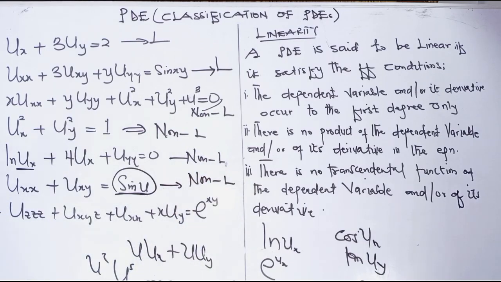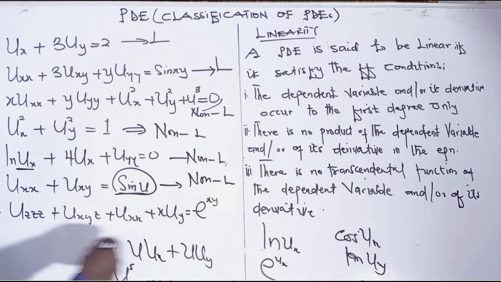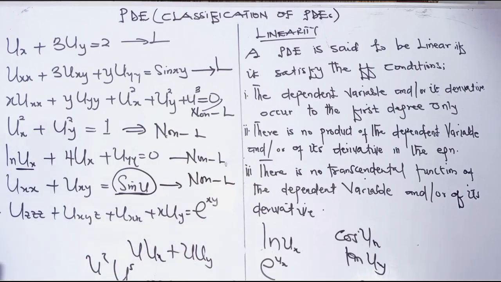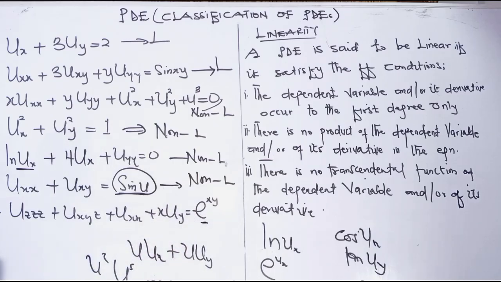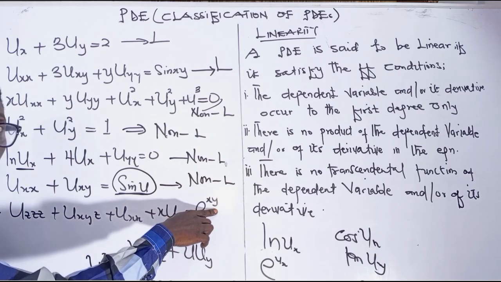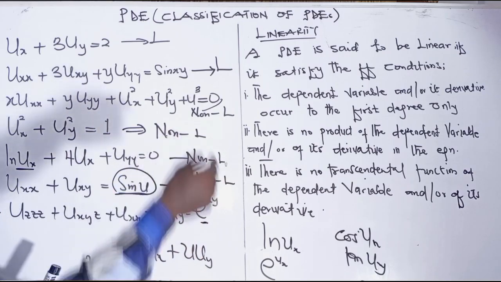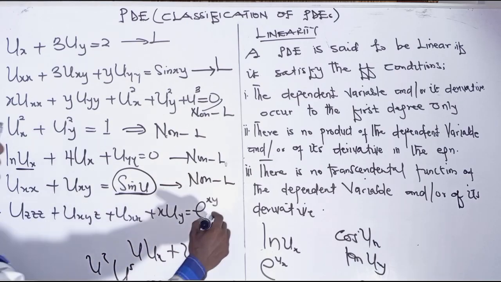Then let's look at this. We also have this equation. We have an exponential function, which is part of the transcendental functions. But this exponential function is not on the dependent variable or its derivative, but rather on the independent variable. So this is what?